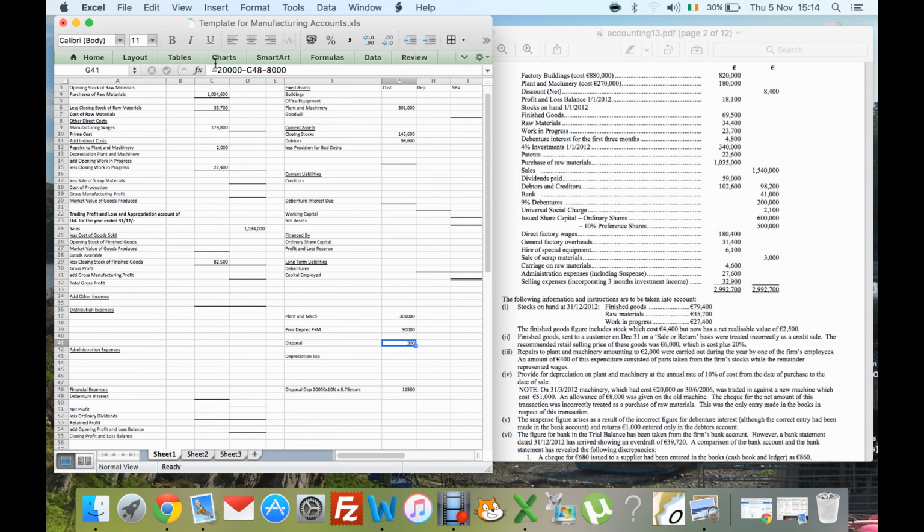Looking at the top here, it originally cost 20 grand. This depreciation means 11.5 was taken off the 20 grand, so it was worth 8.5 grand. I got 8 grand as a trade-in for it, so that means I made a loss. And that's going to be an expense. Because it's to do with plant and machinery, I'm going to squeeze that in up here.